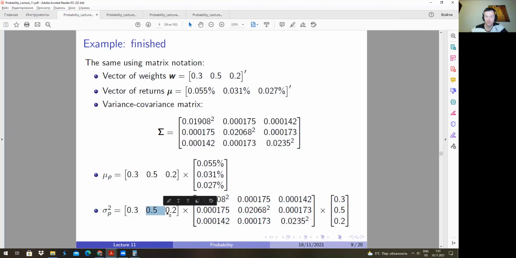Then 0.5 multiplied by this gives me the term which is the weight of BMW times the weight of Adidas times the covariance between Adidas and BMW. Then 0.2 multiplied by this gives me the covariance of Adidas and SAP multiplied by the weight of SAP multiplied by the weight of Adidas.